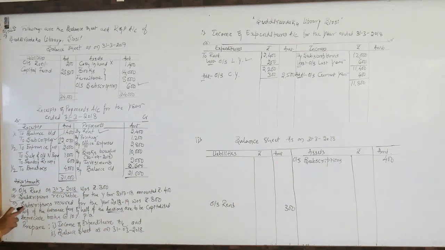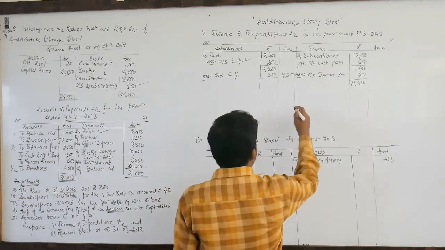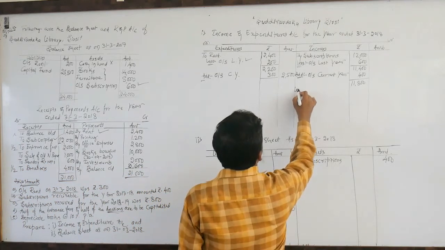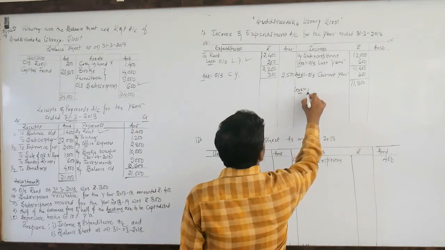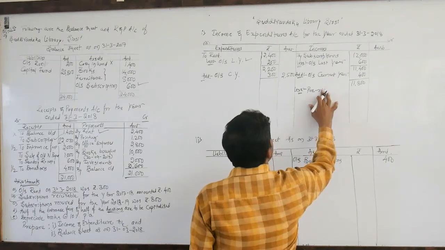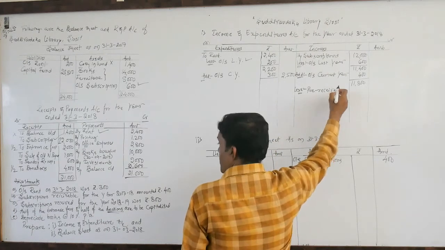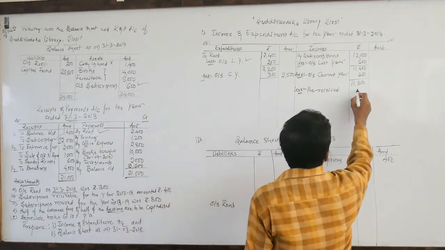So one more, subscriptions received for the year 18 and 19 was rupees 800. It does mean that pre-received subscription for the next year is to be deducted. Less pre-received, how much? Rupees 800.